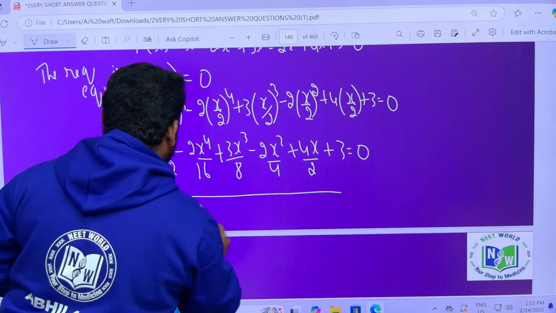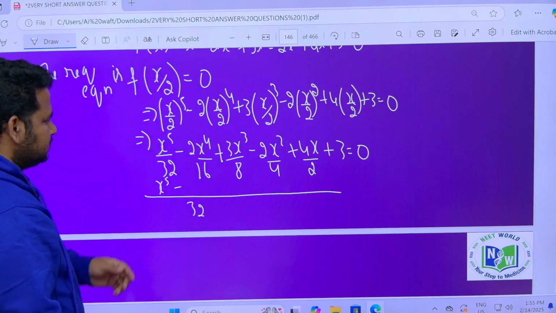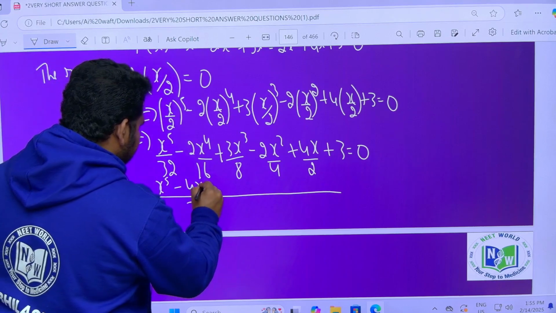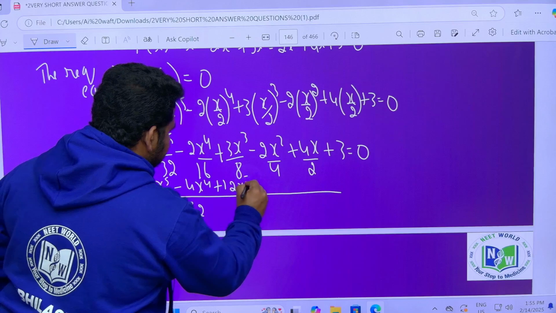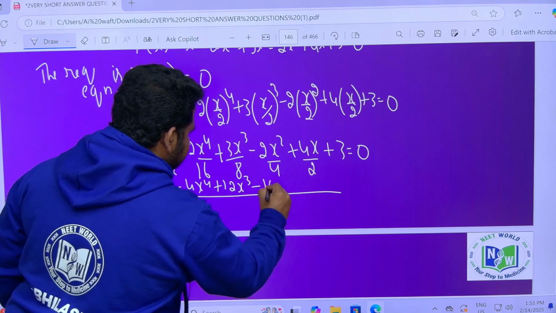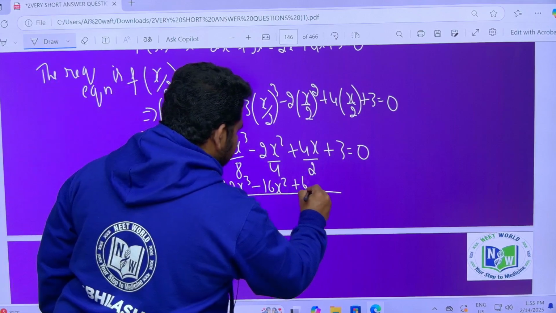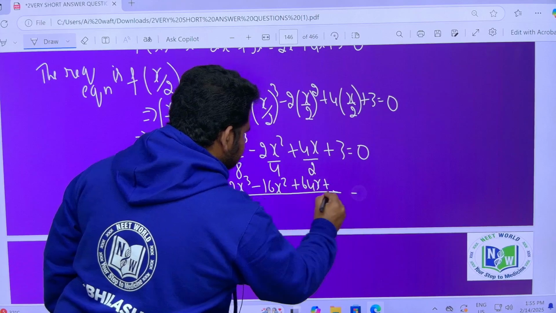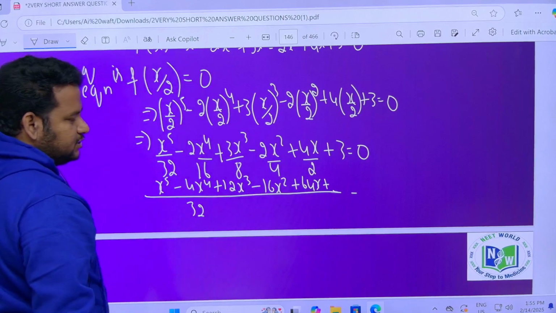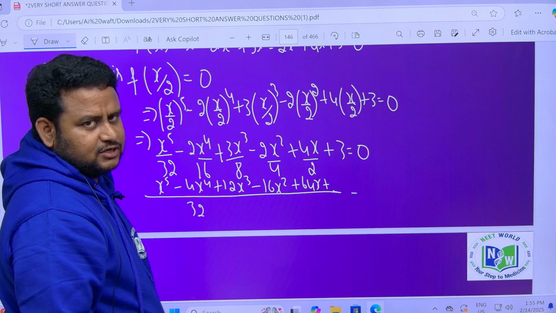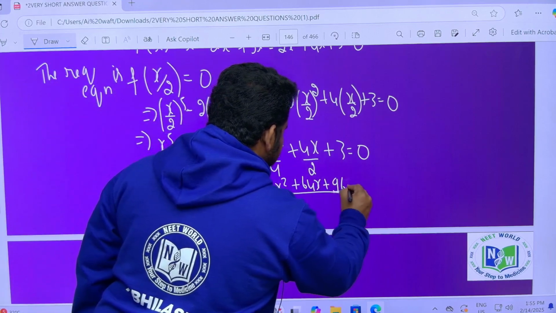If we take the LCM as 32, this will be x to the power of 5 minus 16 2s, so 4 x to the power of 4, plus 8 4s, 4 3s are 12x cube, minus 8 2s are 16 x square, plus 16 4s are 64x, plus 1 into 32. 32 into 3 is what? 30 into 3 is 90, 2 into 3 is 6, so 96, is equal to 0.